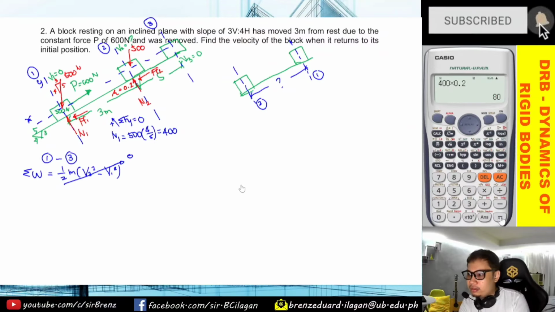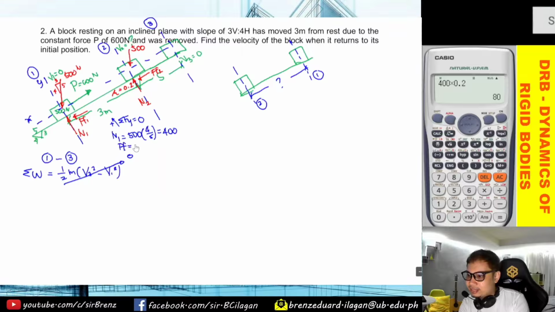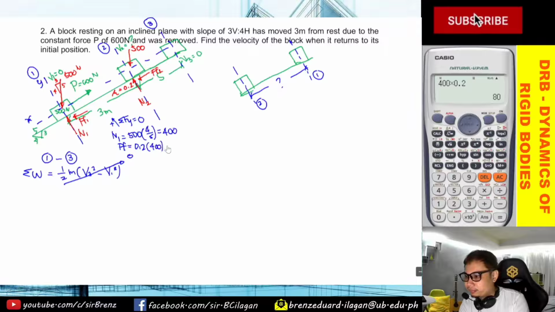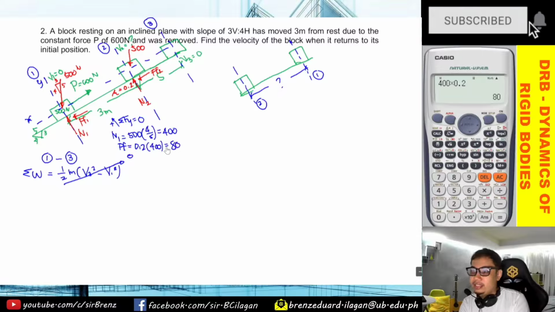Mabuti na nakakasigurado tayo. So, frictional force. So, 0.2 ng 400 is equals to 80 Newton.